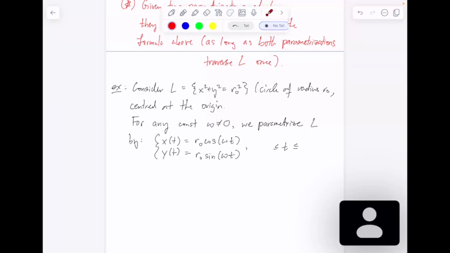Mr. Goes is correct. We could try 0 to 2 pi over omega, right? Because at t equals 0, for any fixed omega, you start at the point R0, 0. So you're going to start here at t equals 0, no matter what omega is in this parameterization.